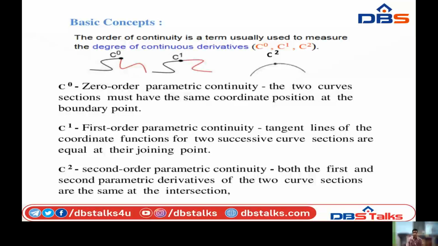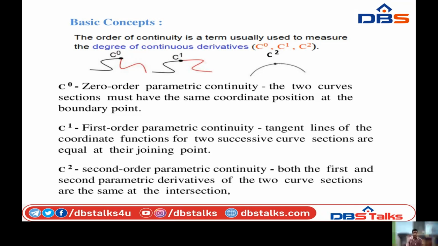In the first figure, I am showing two curves. The two curves must have the same coordinate position at the boundary point. That means C0 is the boundary point. Two curves joining at one point will be zero order parametric continuity. Okay.